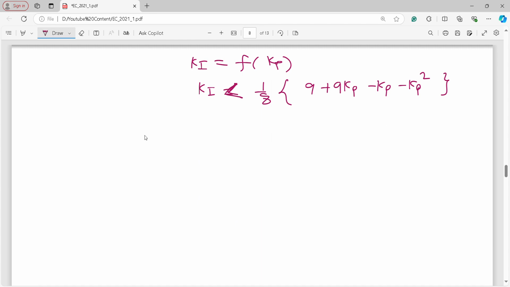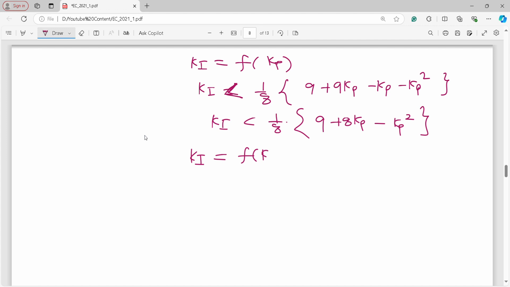So finally ki less than 1 by 8 of 9 plus 8 kp minus kp square. So you can see this is a function where ki depends upon kp, which is a quadratic equation. So ki is a function of kp.